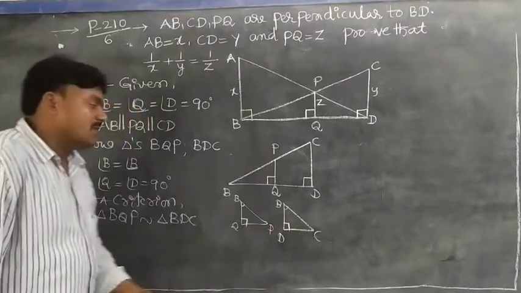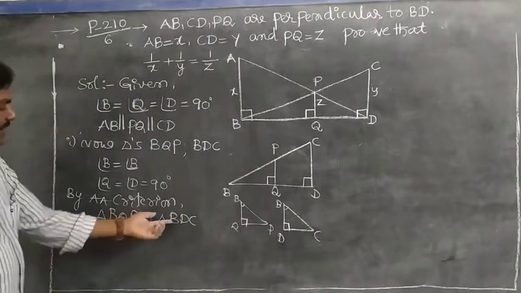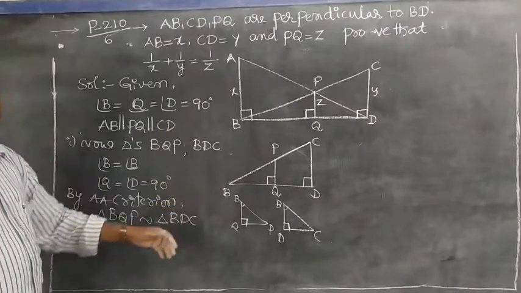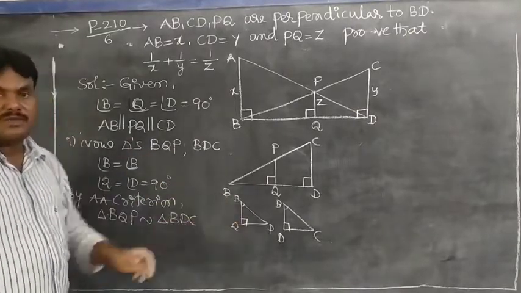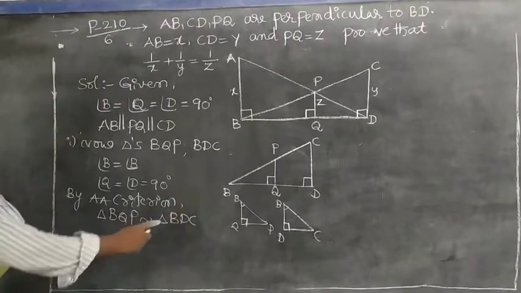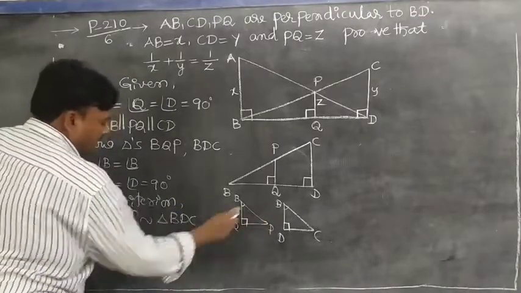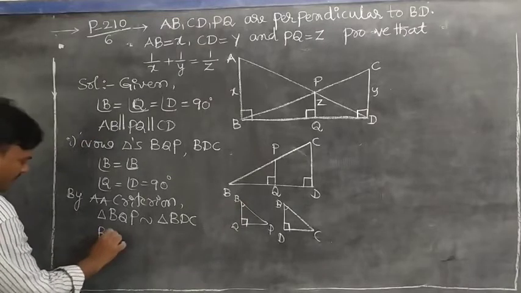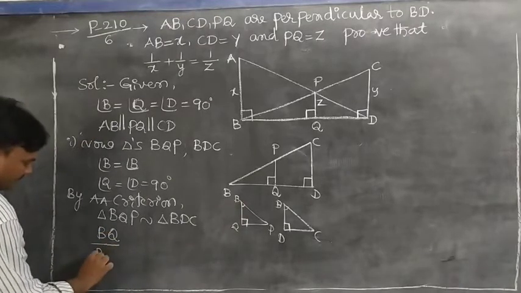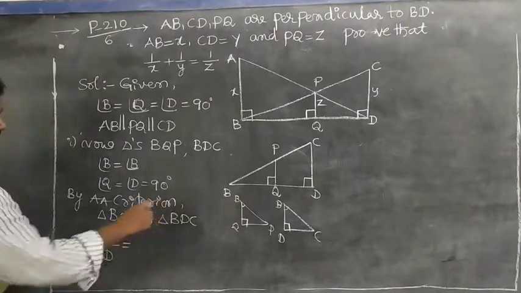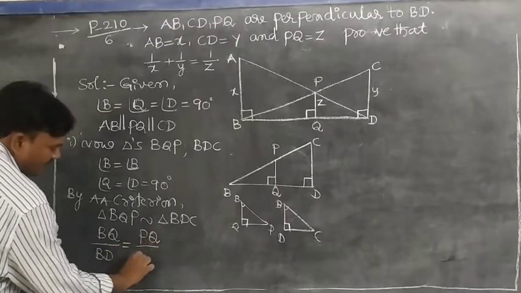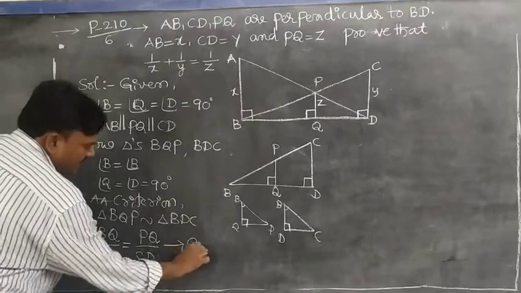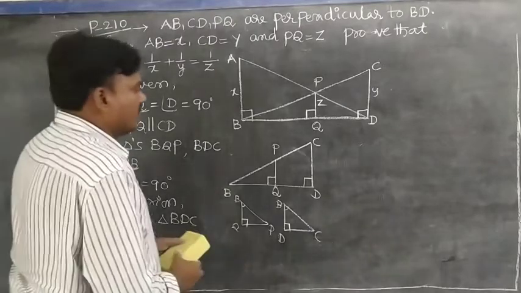Because corresponding parts of similar triangles are in equal ratio. So we take the ratio of two sides only. Therefore BQ by BD equal to PQ by CD, which is equation number 1.